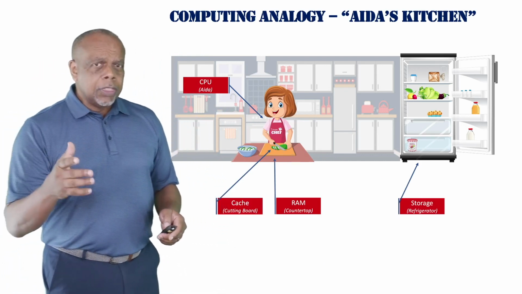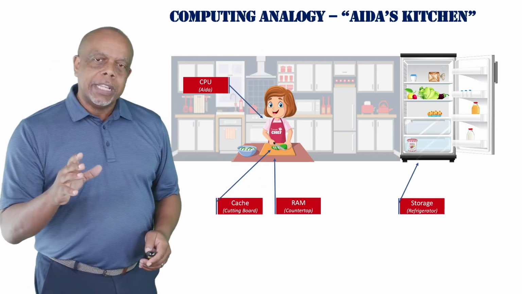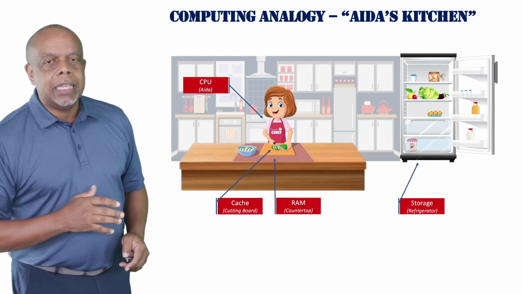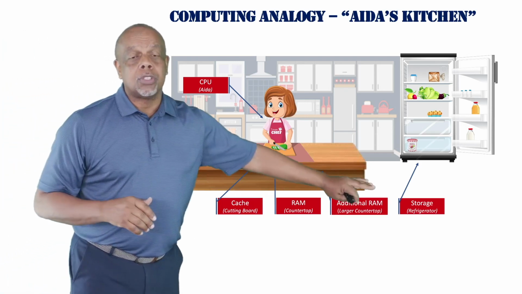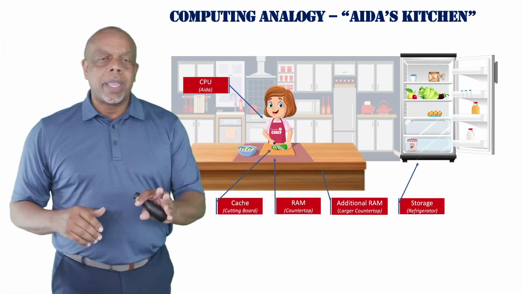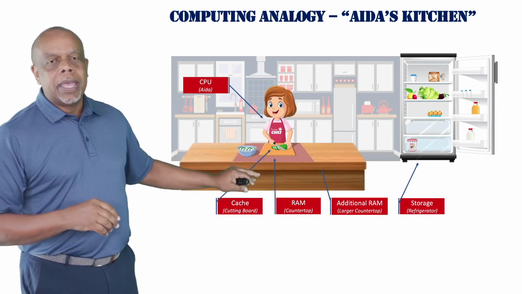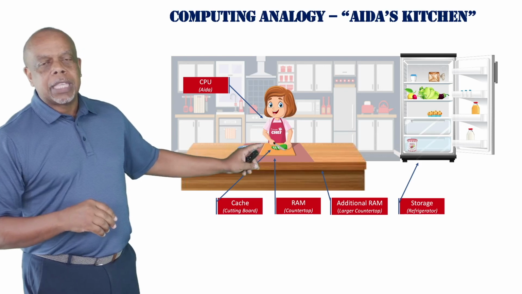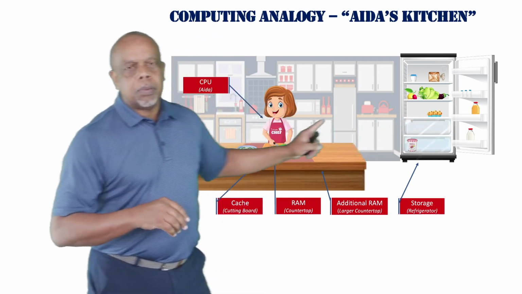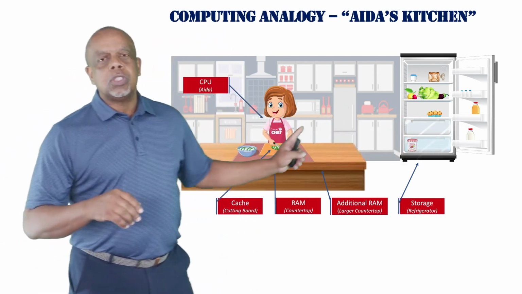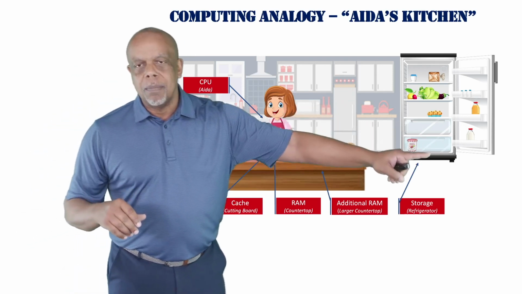So thanks to Ada's fabulous husband, who works really hard, he went out and redid her kitchen so now she has a much larger countertop, meaning she has more RAM, just like your computer at home. If you don't have enough RAM, random access memory, then your CPU is constantly having to go to the refrigerator, bring something out, go back to the refrigerator and bring something else out. So you see that there's a lot of work going on just doing a fetch to get things from storage.